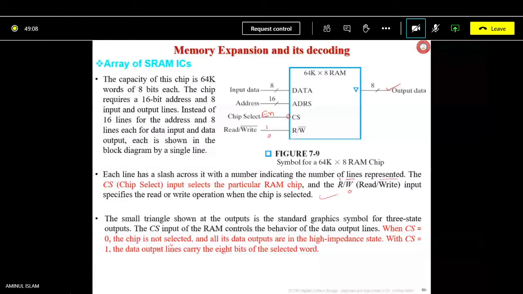So once it is 0, it will not be selected, and all its data outputs are in the high impedance state. With CS equals 1, the data output lines carry the 8 bits of the selected word. Means to say, if this is 0, inside you have a tri-stated buffer.